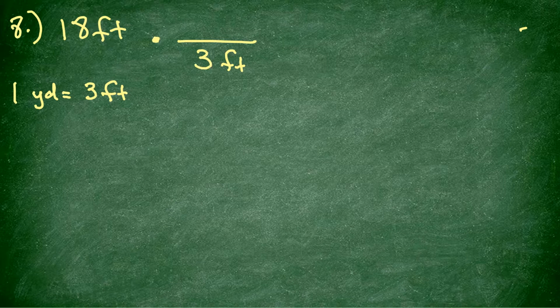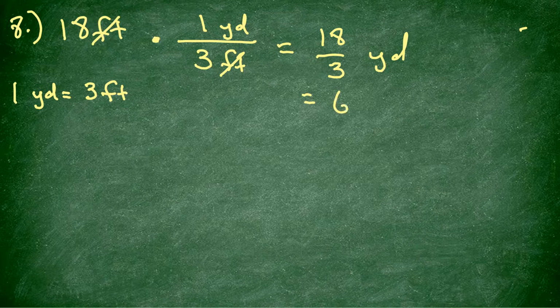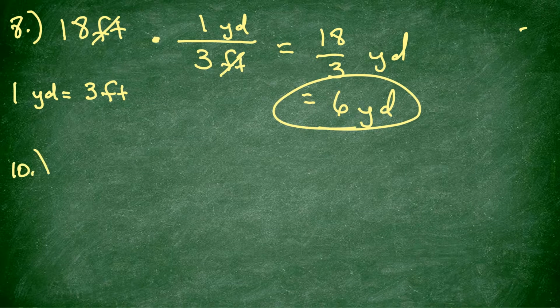So I put 3 on the bottom and 1 yard on top. The feet cancel. I'm left with 18 over 3 yards, and on my calculator 18 divided by 3, so I'm left with 6 yards. That's my best answer.